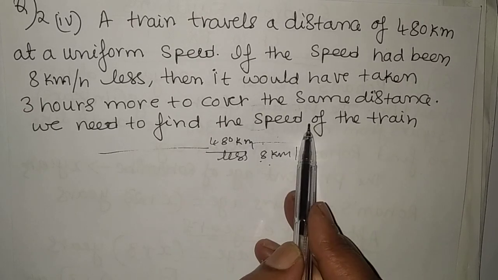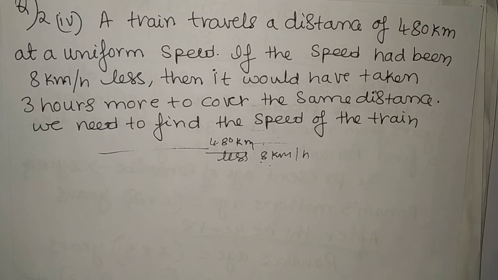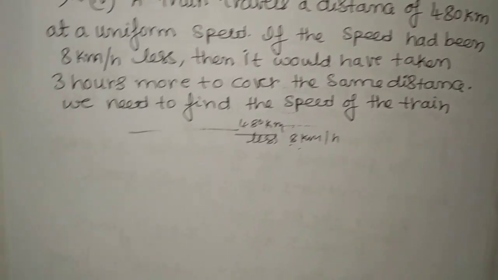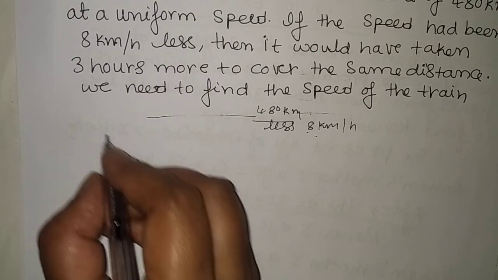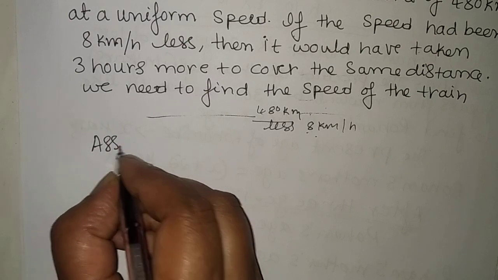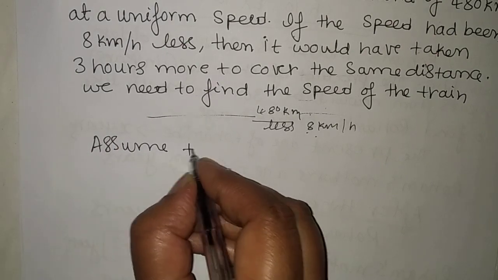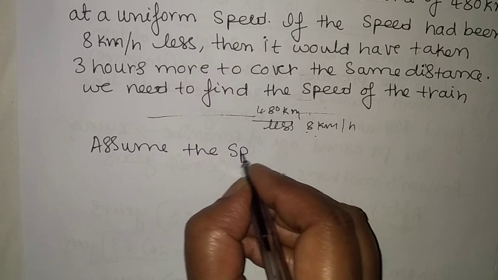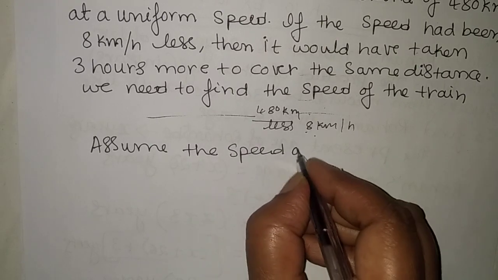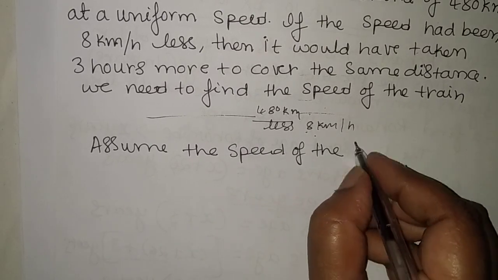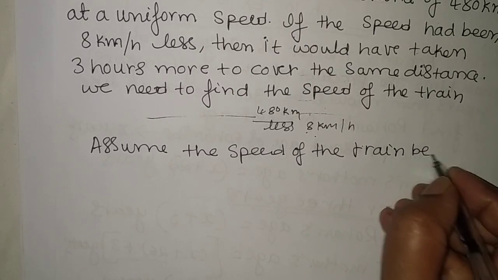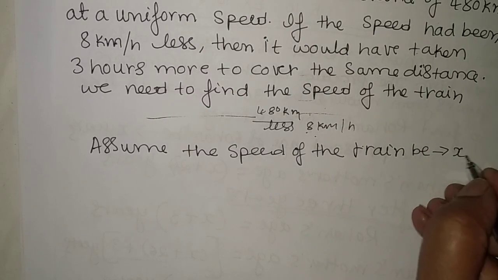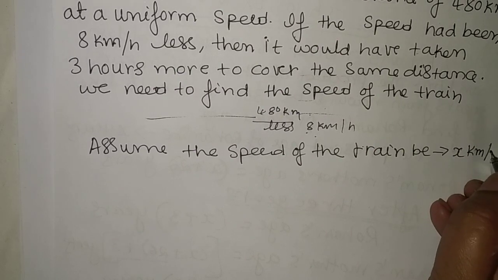We have to find the speed of the train to cover the same distance. So now we will assume the speed of the train v is equal to x kilometers per hour.